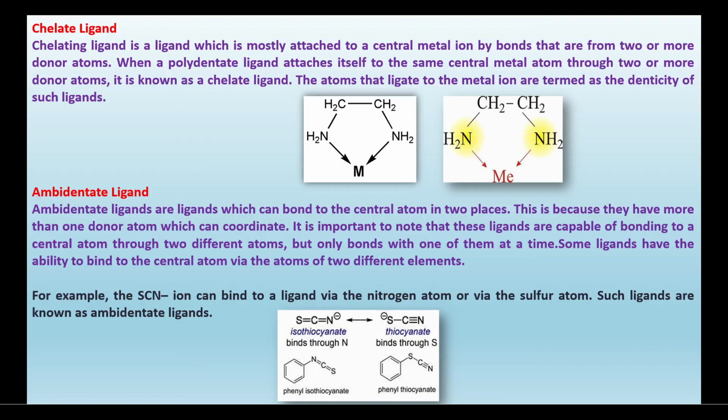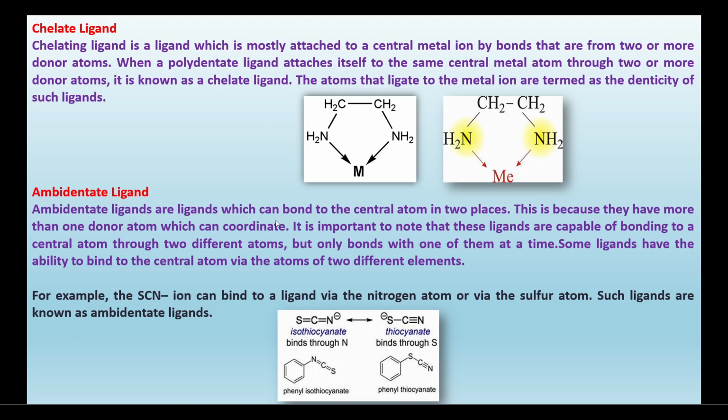Next, we can move on to the chelate ligand. What do we mean by chelate ligands? We have seen that ligands can be classified as monodentate, bidentate, and polydentate ligands, and similarly we will see the chelate ligand.